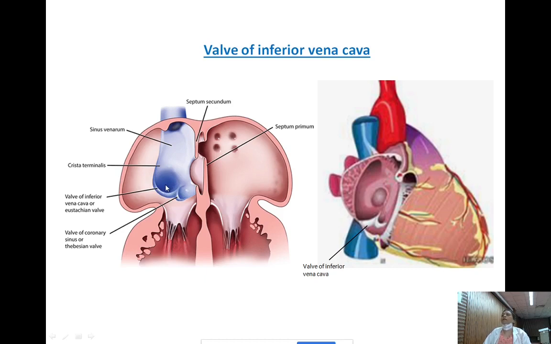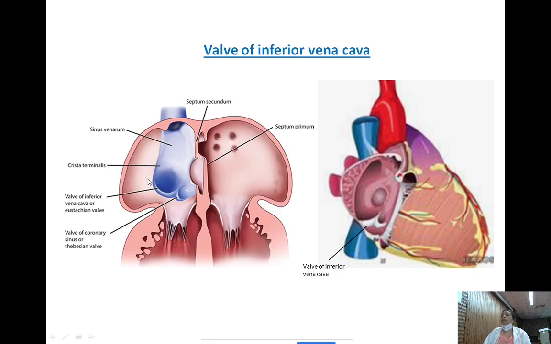So it has some function. Initially the oxygenated blood comes through the inferior vena cava, and that is directed towards the foramen ovale to the left atrium.